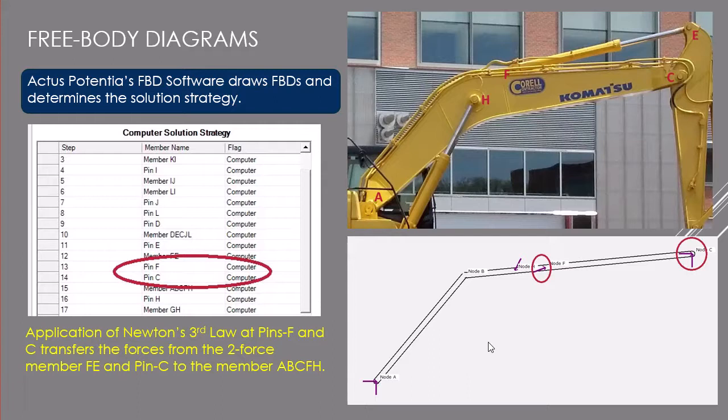So in this diagram, I have only three unknowns, 1, 2, 3, and we can write three equations, so we can calculate the forces, two forces at node A and one force at node H.